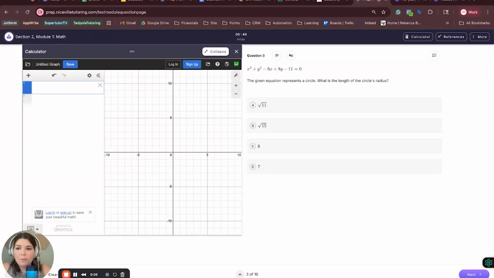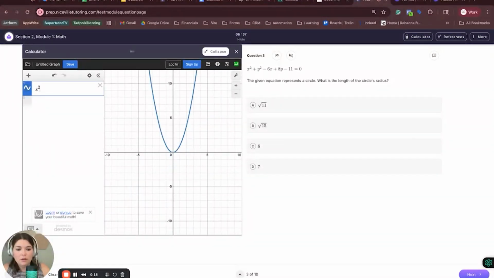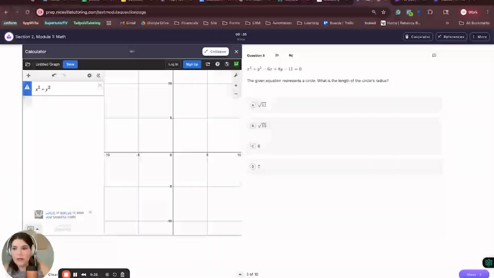Okay, so for basic circles, whenever I see something like this, my brain is automatically like, technically you would do it by perfect square, which is a pain in the butt. So all you have to do is you go x squared plus y squared minus 6x plus 8y minus 11.